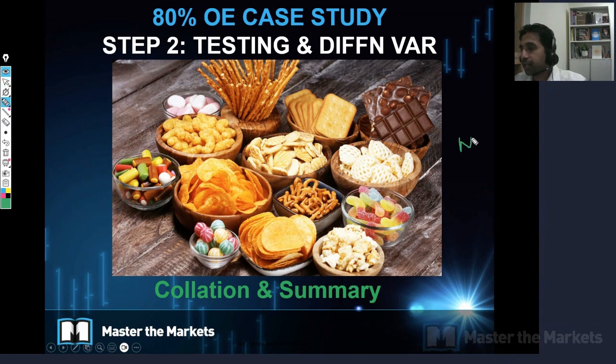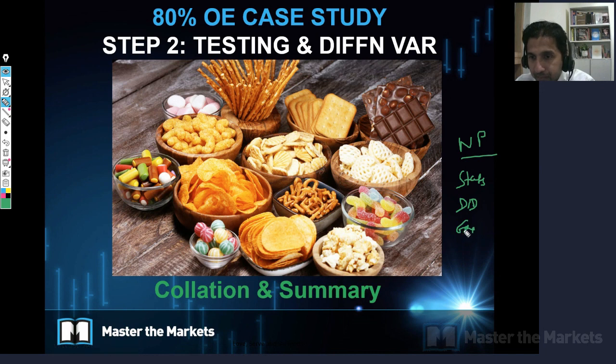Most people just look at the net profit straight away, right? That's not the point. You have to analyze all the other stats as well. And mainly, we are really looking at the drawdown and the expectancy factor, or the actual risk reward factor, as well as the profit factor.